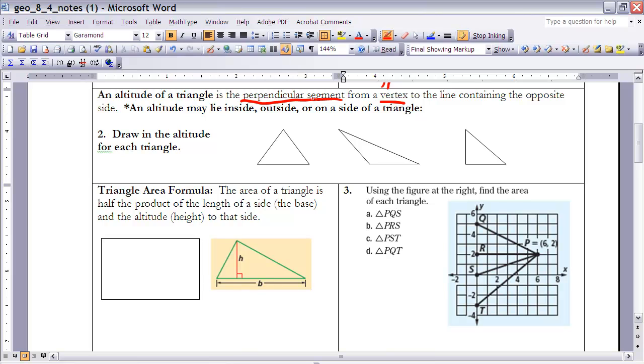Basically, we can always take that opposite side and extend that segment out and make a line out of it, because sometimes the altitude is going to lie outside of the triangle. An altitude can lie inside, outside, or be an actual side of the triangle. So with that in mind, let's take a look at the next example.